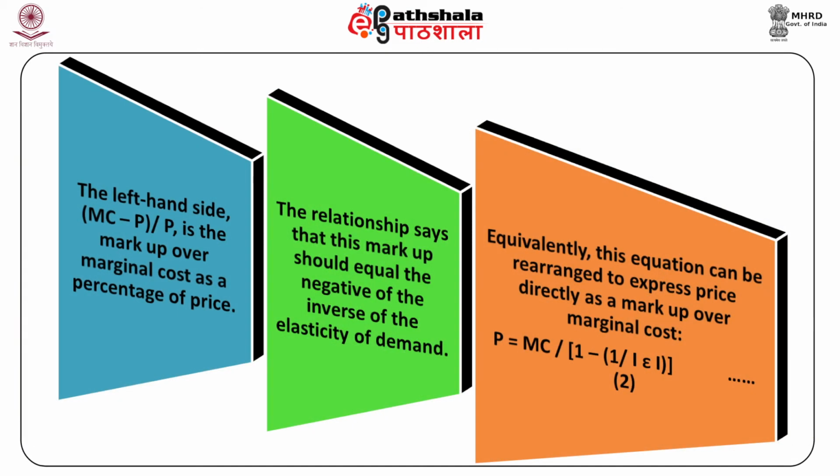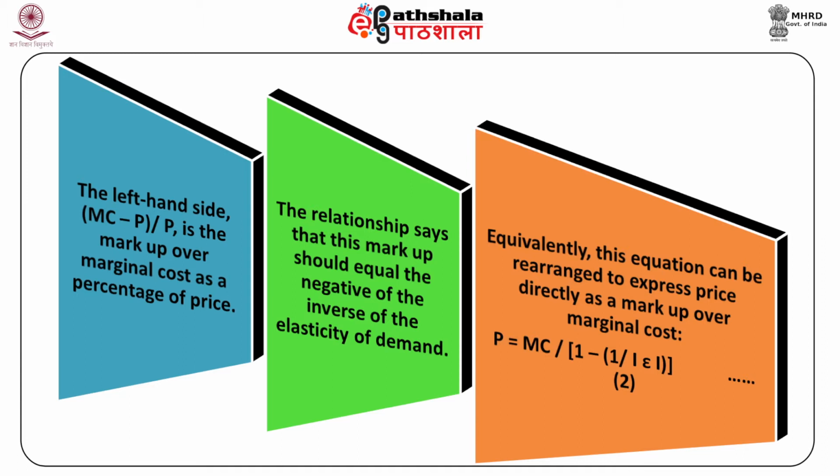Now, in the above equation, the left hand side, P minus MC upon P, is the markup over marginal cost as a percentage of price. The relationship says that this markup should equal the negative of the inverse of the elasticity of demand.